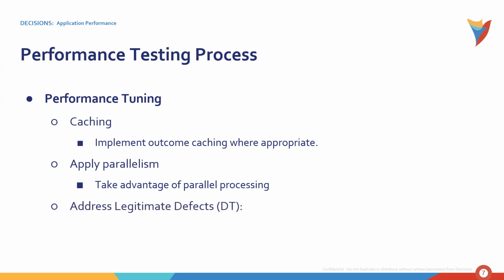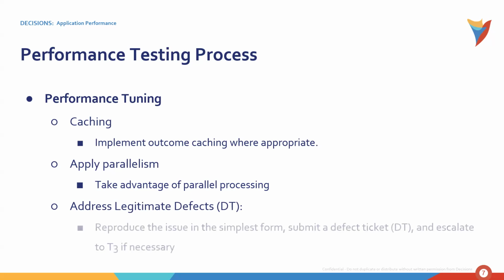And sometimes, even after doing all of these optimizations, if my application is still slow, then that may be a legitimate case for a DT. So we can go ahead and raise a developer ticket or a defect ticket and then escalate it to T3 if necessary.